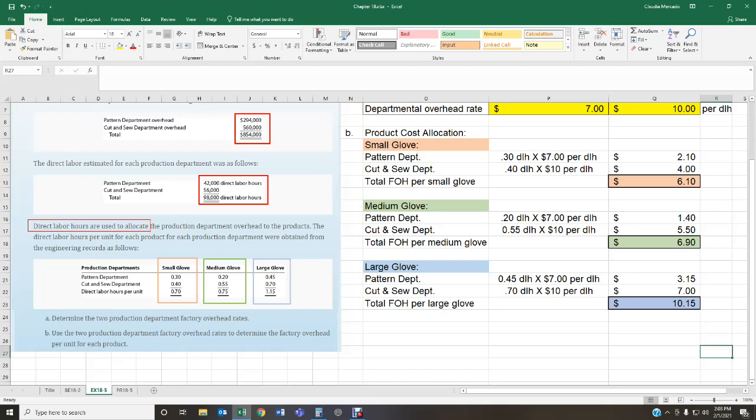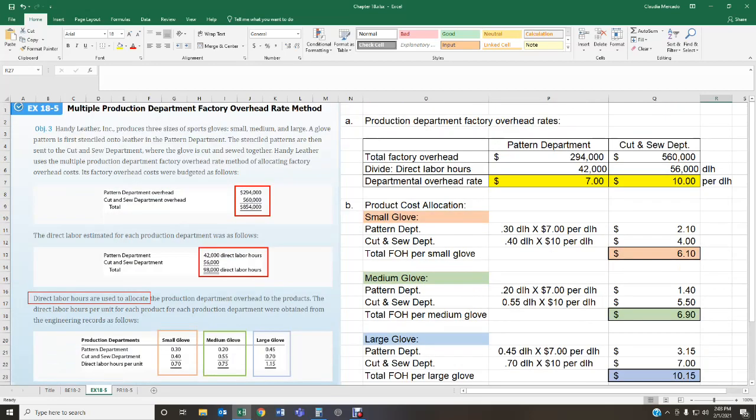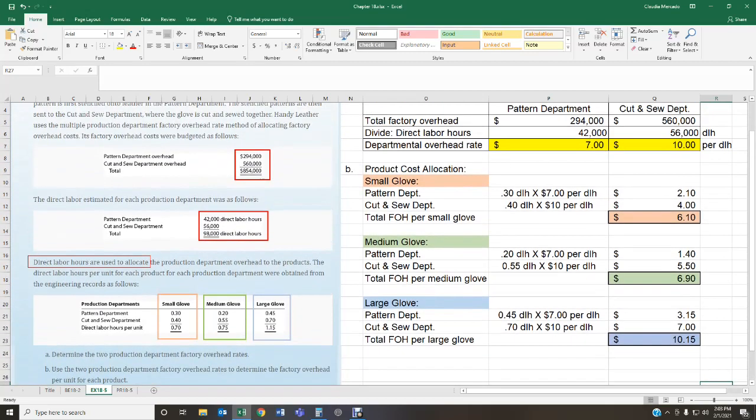The more time that you spend in the manufacturing process, the higher the cost. So this is a breakdown of how we computed the product cost allocation for the small, medium, and large glove using the two department factory overhead rates, for the pattern and the cut and sew department. The driver here for our calculations was direct labor hours. Direct labor hours are used to allocate the production department overhead for the products.